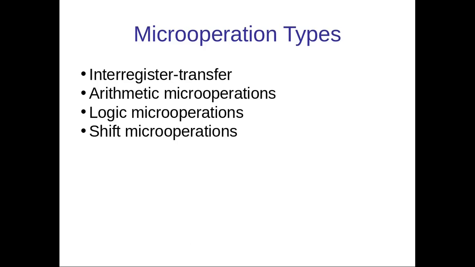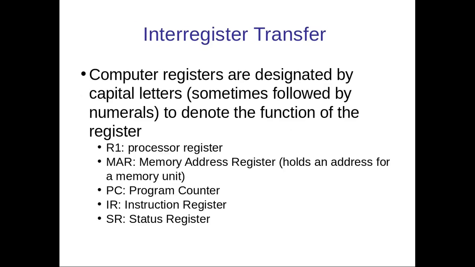We can explain different types of microoperations. We can have inter-register transfer, arithmetic microoperation, logic microoperation, and shift microoperation. First, we can consider the inter-register transfer. Computer registers are designated by capital letters.